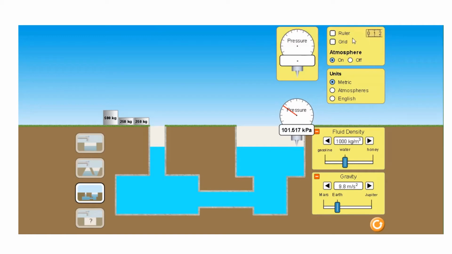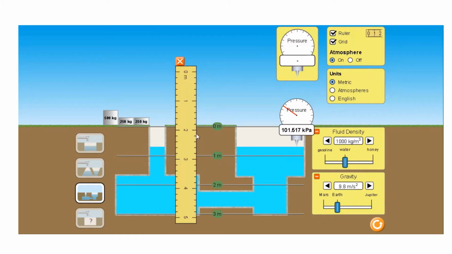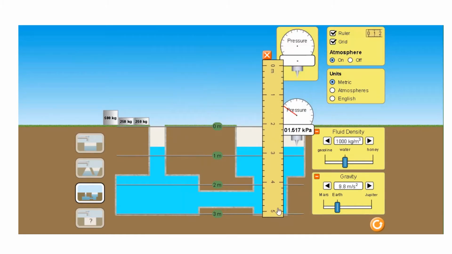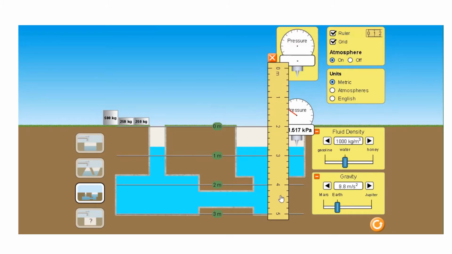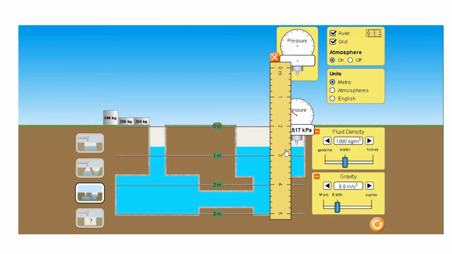Okay. So, anong level ba yung sa surface? Yung pagitan between the numbers, it is meter.